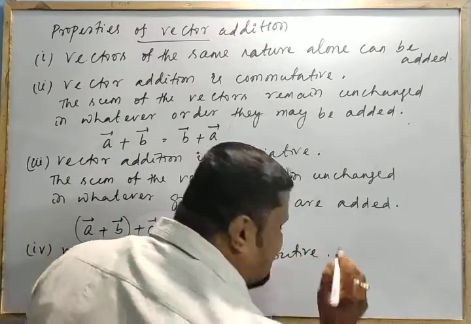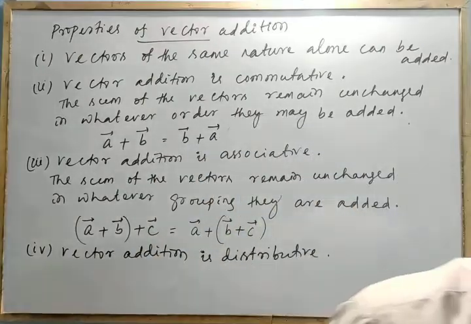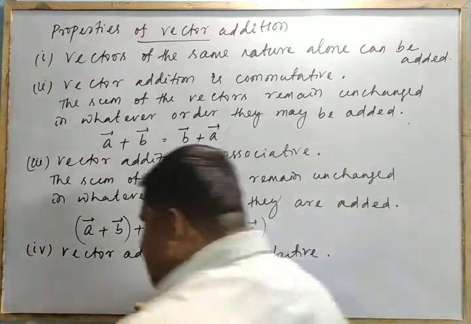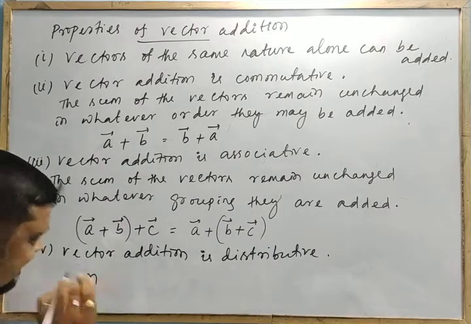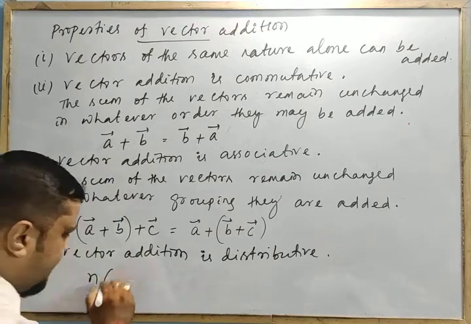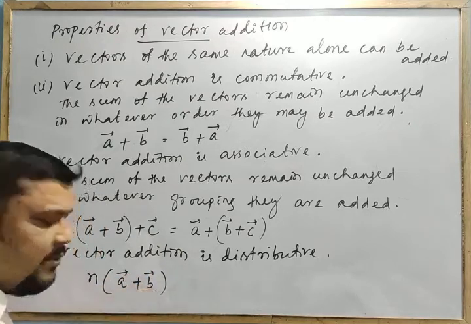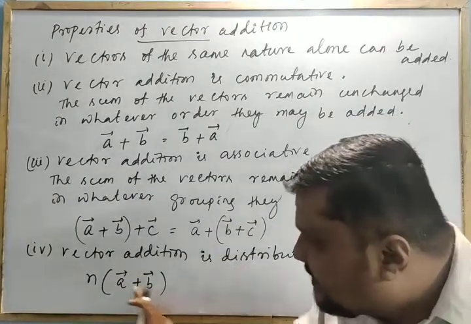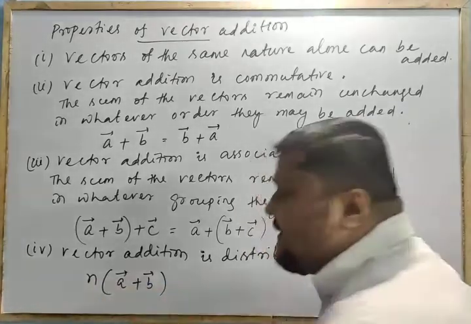Distributive means it is distributed. According to this, suppose n is a scalar, some quantity having only magnitude, and you write n into A plus B. This is the sum of two vectors, and n, a number, is multiplied.